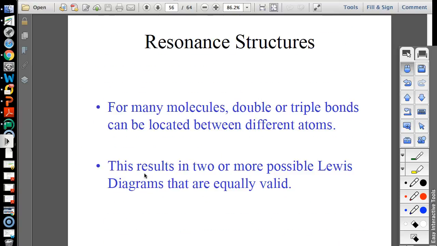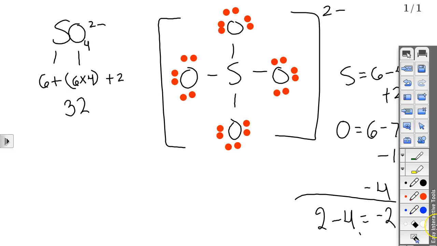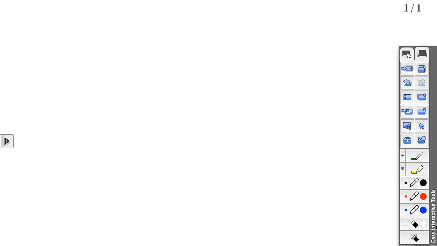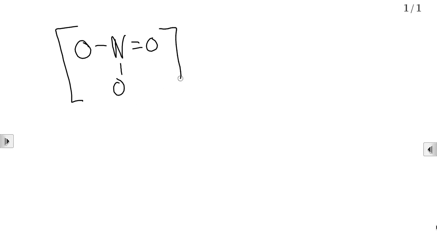Resonance structures. Here's the deal, you guys. If you draw nitrate, which I'm going to draw for you, nitrate has one double bond and two single bonds. You can just take my word for it. You want me to go through the steps? Who said yes? You sillies.